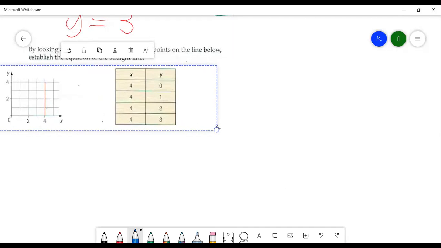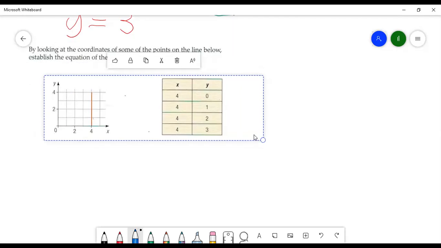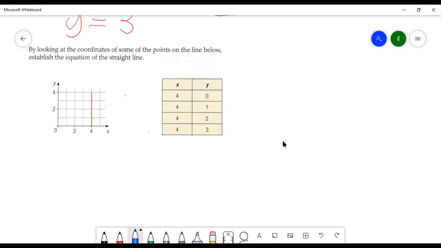This one is a vertical line, isn't it? It is vertical. So all the values of X are constants. Do you see? When we want to represent some points of X, we are not going to be able to place any other value than 4, because all the values of X for the points on the line are 4.